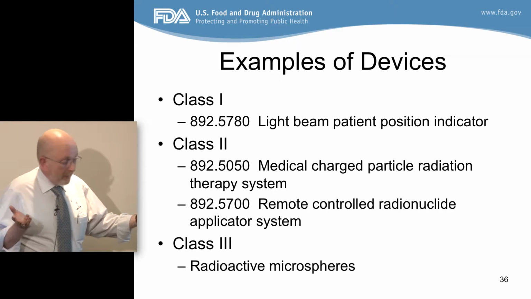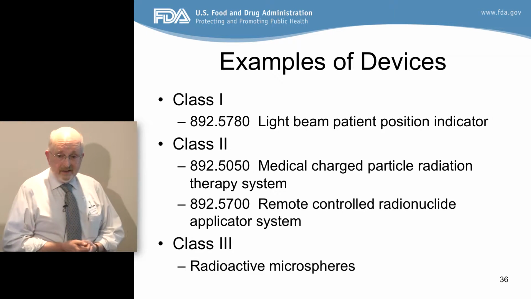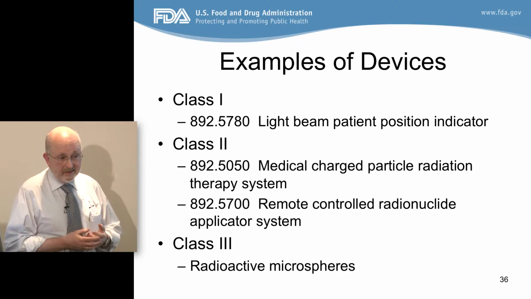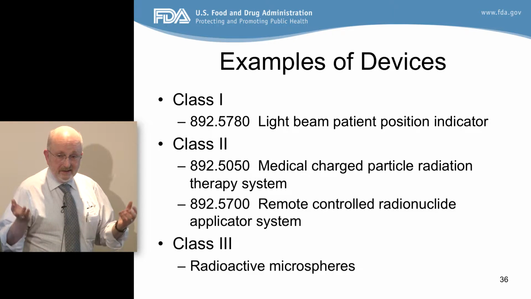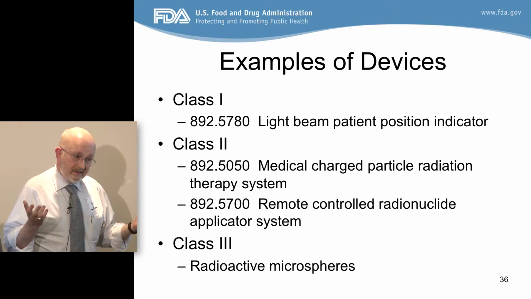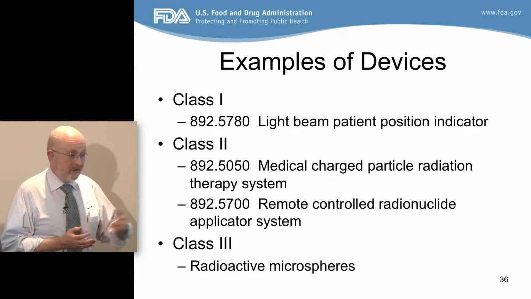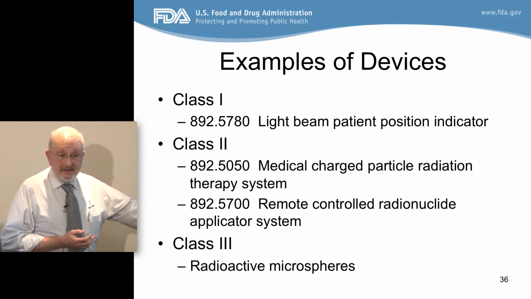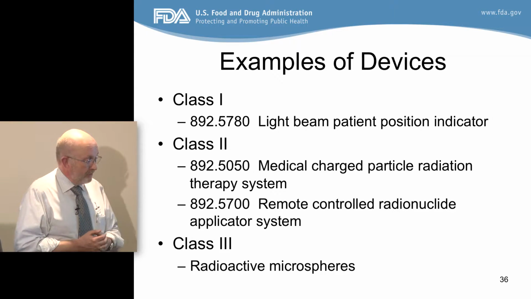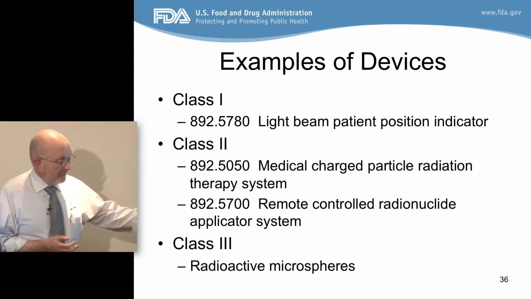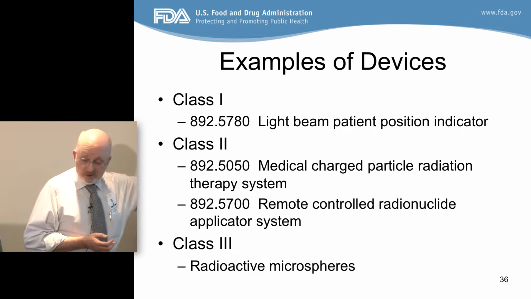But also hyperthermia. The hyperthermia devices of the 70s and 80s, the BSD, that's a PMA as well. So some portions of hyperthermia are a PMA and some are not. Some of the superficial applicators that people may still be using for therapy are actually class 2.